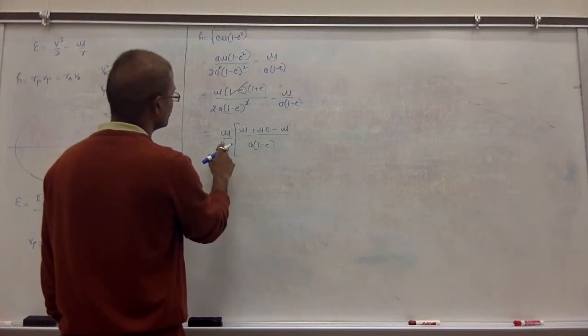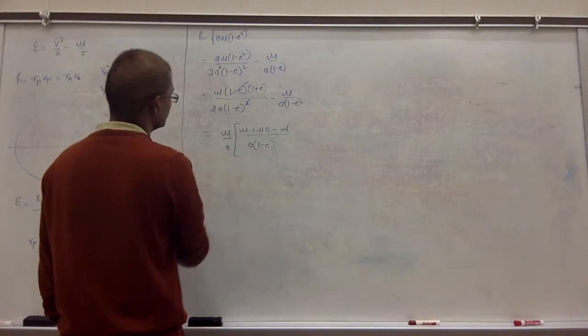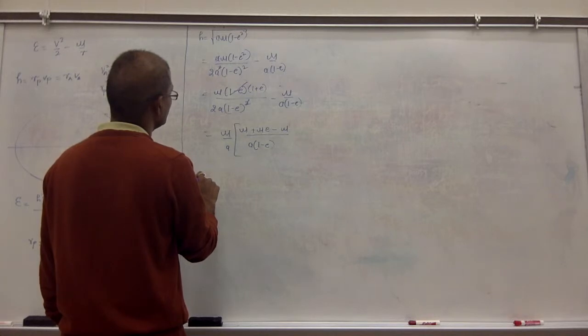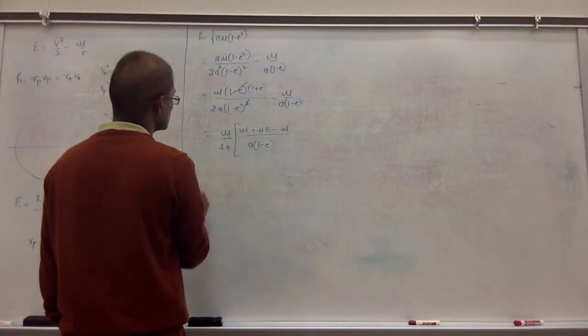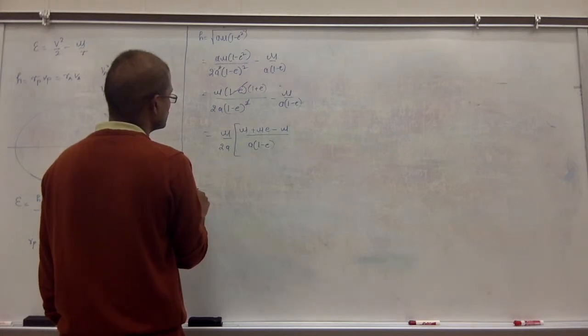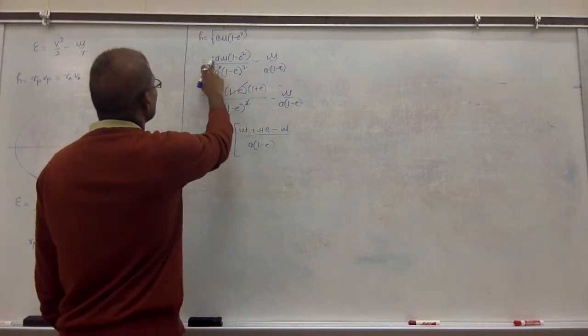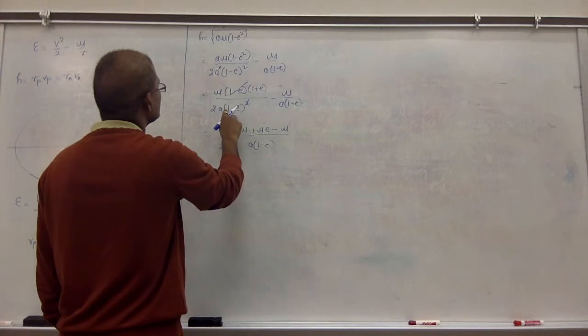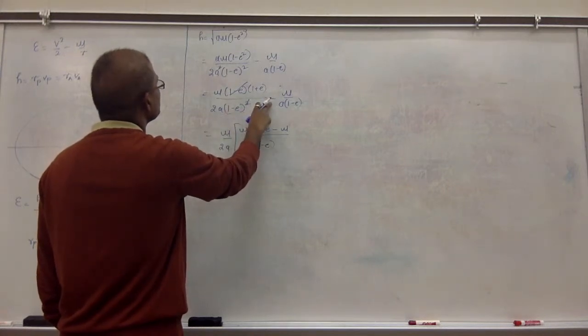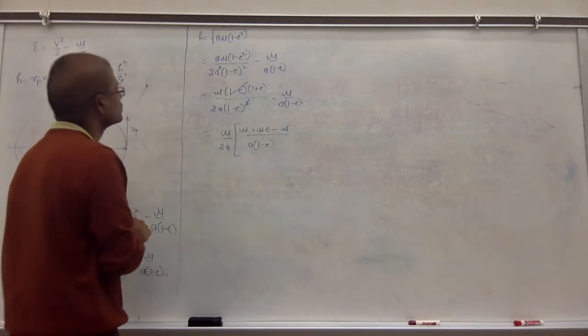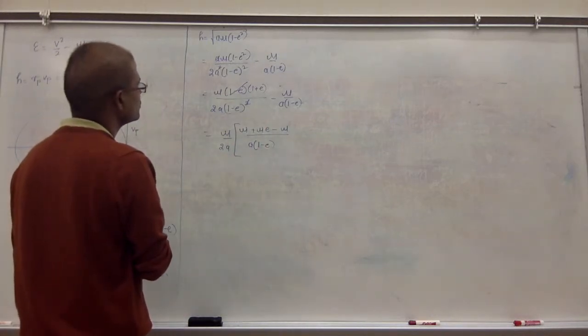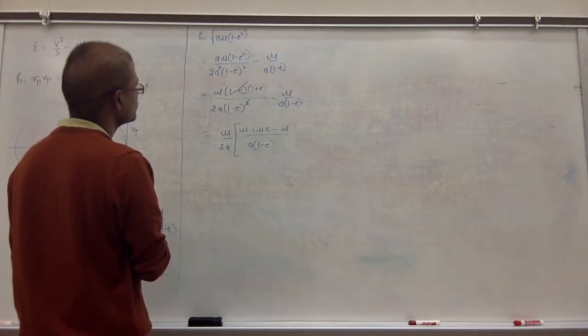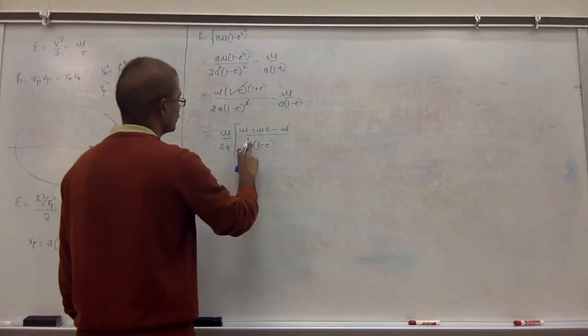Alright, what you are going to get here is, this is, I have a squared, this is 1 minus e.